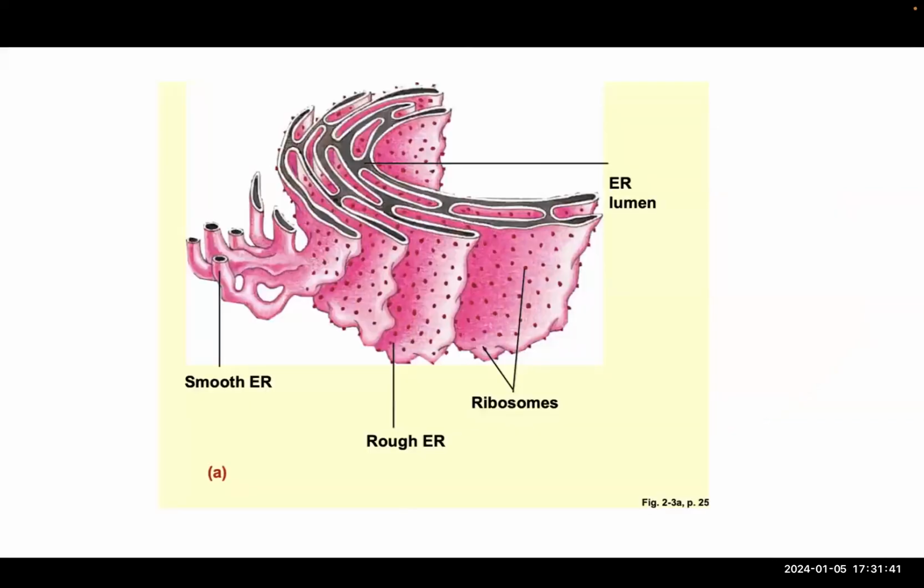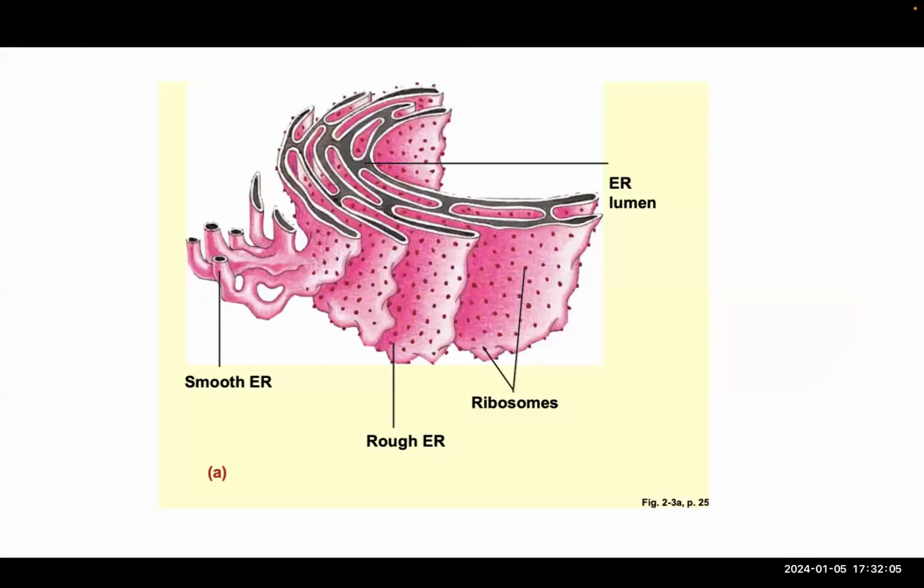The endoplasmic reticulum is broken into two different kinds. There's smooth ER and there's rough ER, and it's based on what it looks like. Under a very high-powered microscope, the rough ER has these bumps all over. These dots are ribosomes. On smooth ER, you're going to notice a smooth surface. There's nothing on it.